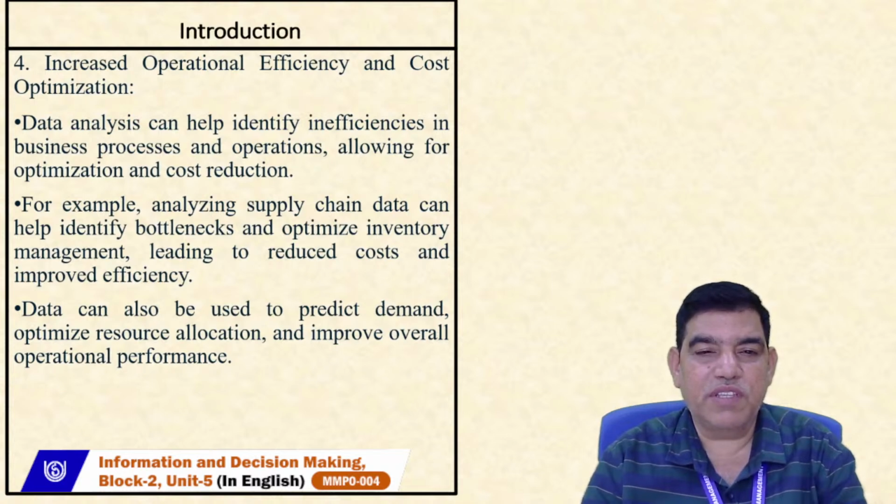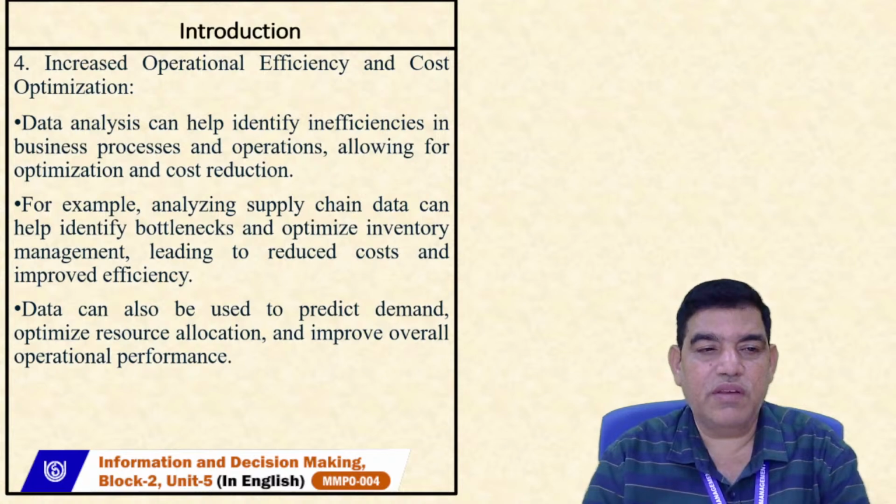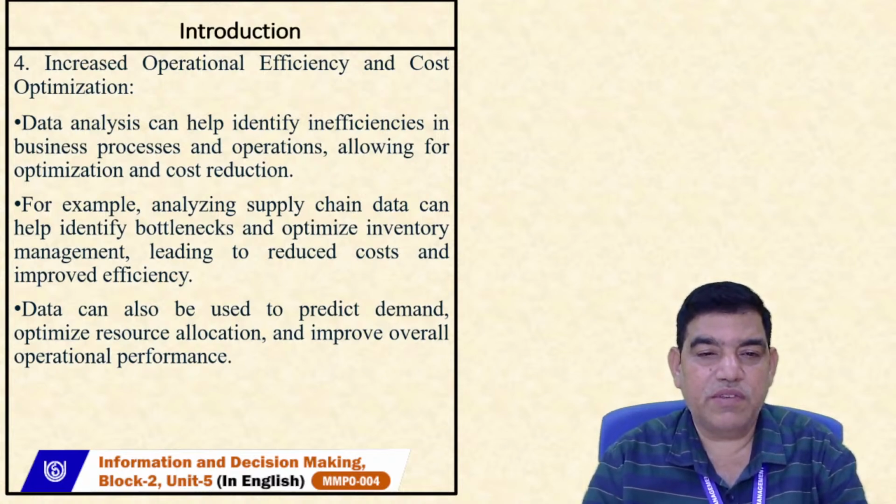and improved efficiency. So in a supply chain management system, if we keep our day-to-day data in that system, it helps us to optimize the inventory management, how to manage our stock and how to reduce the cost.